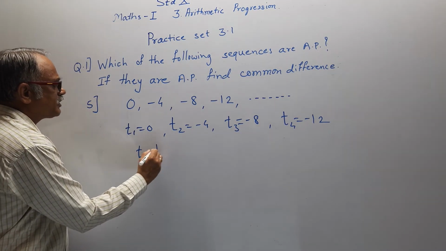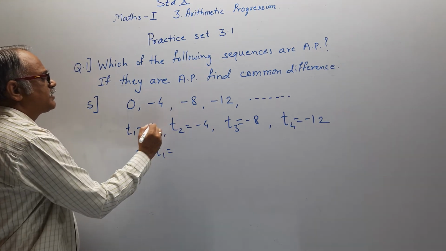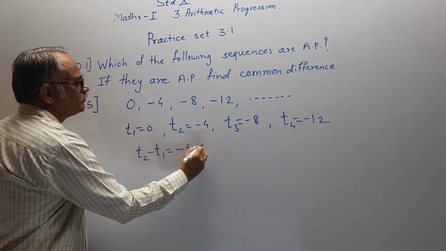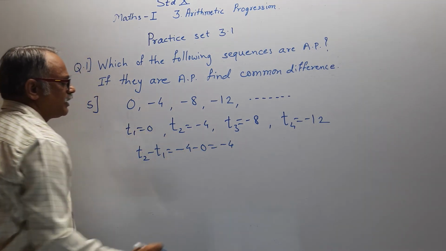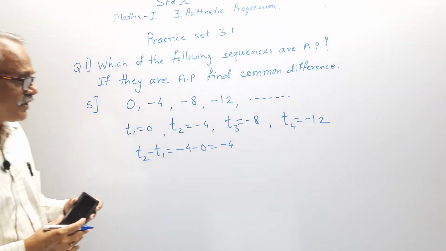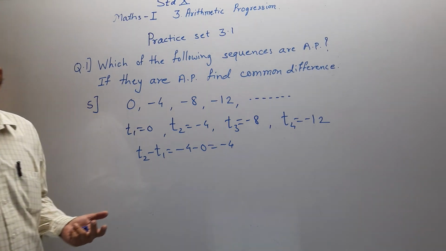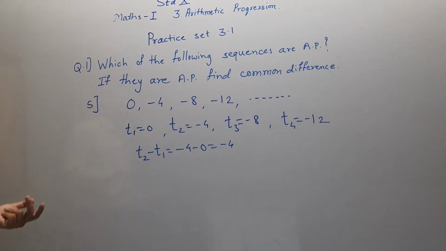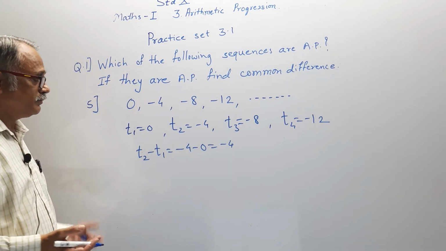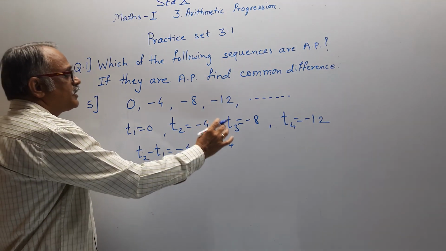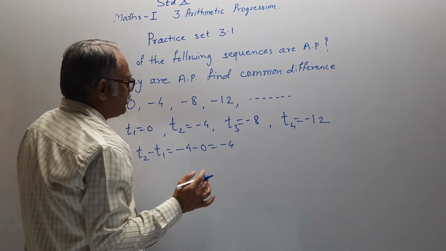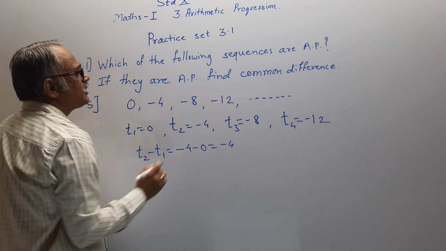T2 minus T1: minus 4 minus 0 is minus 4. Remember, sometimes the common difference may come negative, fraction, integer, positive, or 0 also. But if the difference is the same every time, then it is AP. T2 minus T1 gives minus 4.